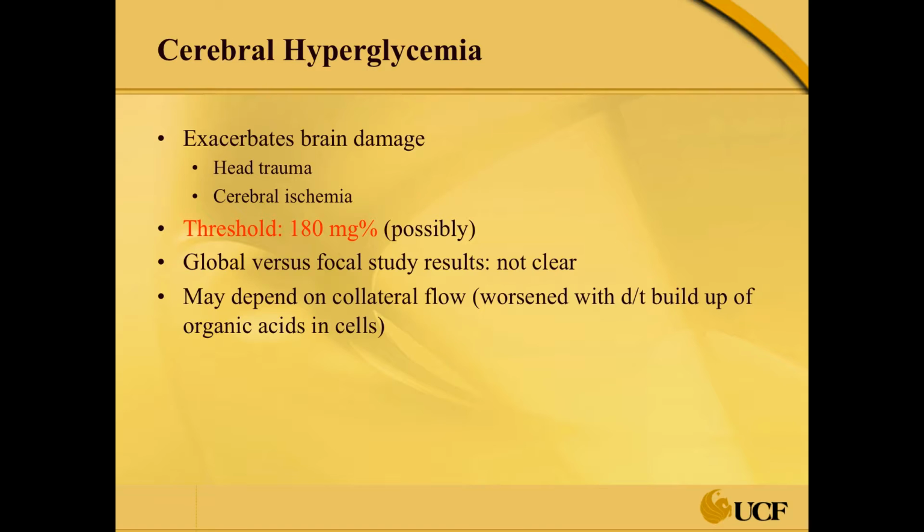But of course, it also depends on collateral flow, which is worsened with buildup of organic acids in the cells that occur from brain death. So again, the jury's out, but I would remember 180 milligrams per deciliter as your major threshold.